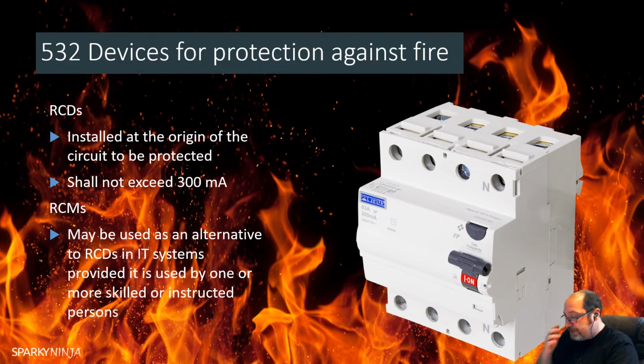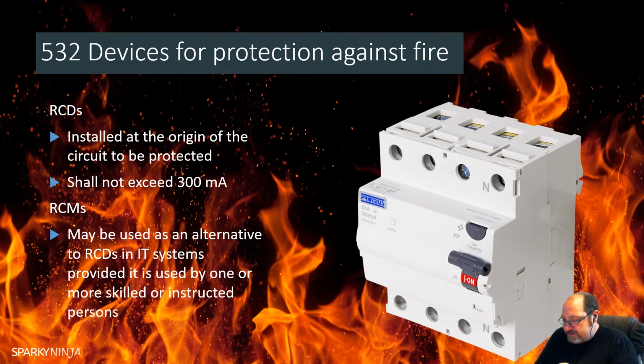So for RCDs, for the protection against the risk of fire, key thing to remember, not exceeding 300 milliamp, and it will be installed at the origin of the installation for total isolation. Okay, key things to remember for fire and RCDs, 300 milliamp at the origin.